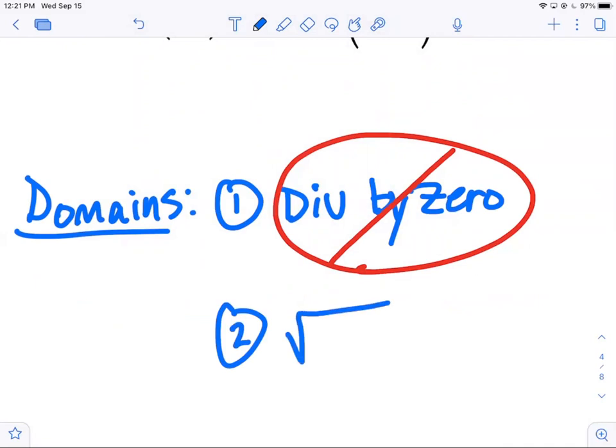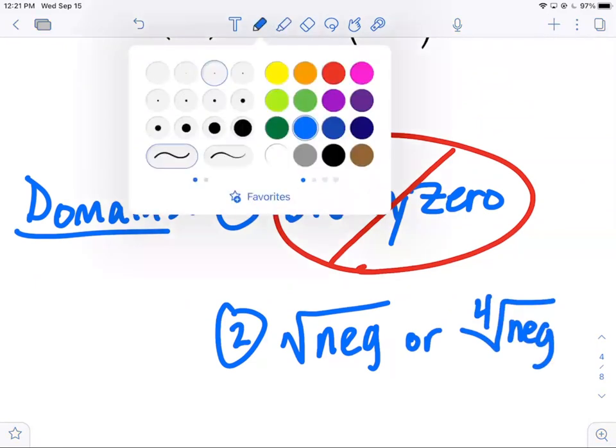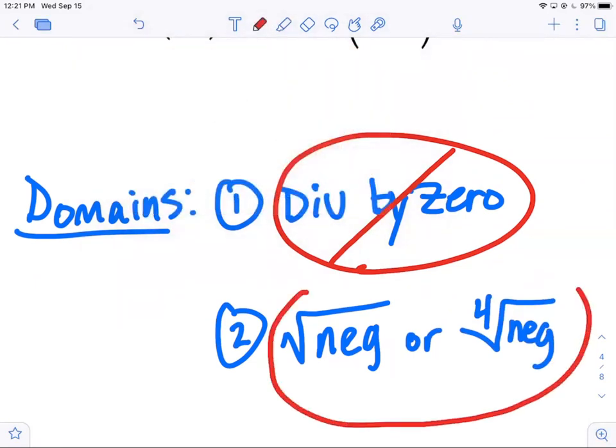We can't take square roots of negatives at all. Can't take square roots of negatives, or 4th roots of negatives, or 6th roots of negatives, and so forth. So if you ever see a radical or a fractional exponent with a variable in it, that might restrict the domain if it's to the 1/4 power.